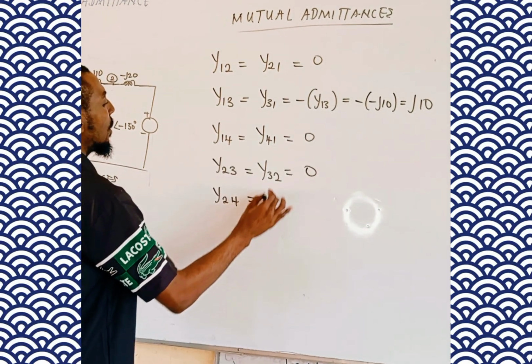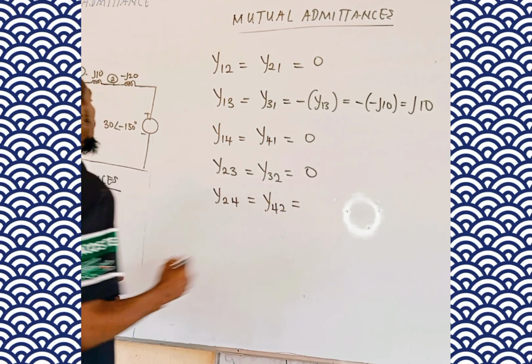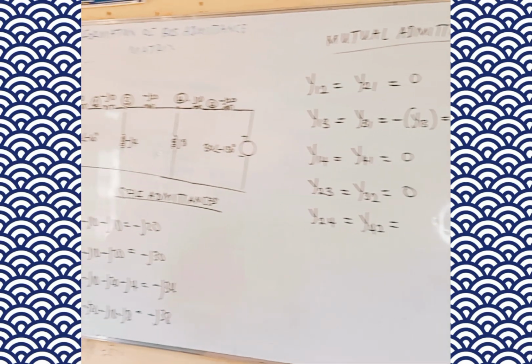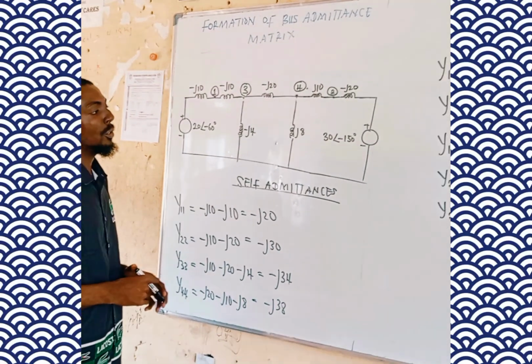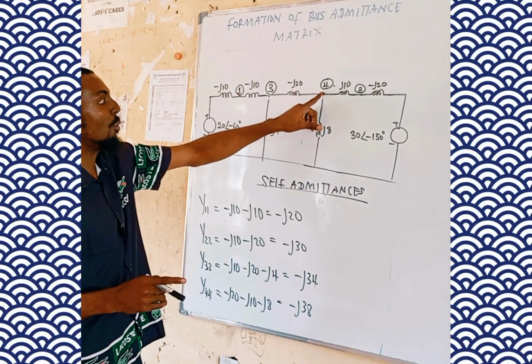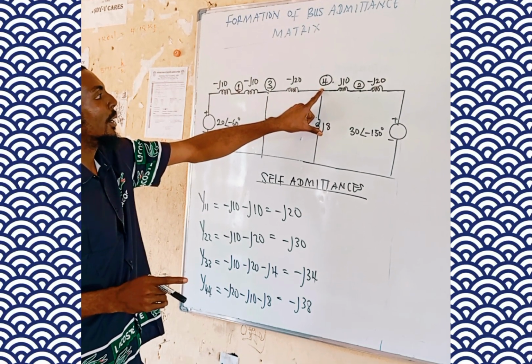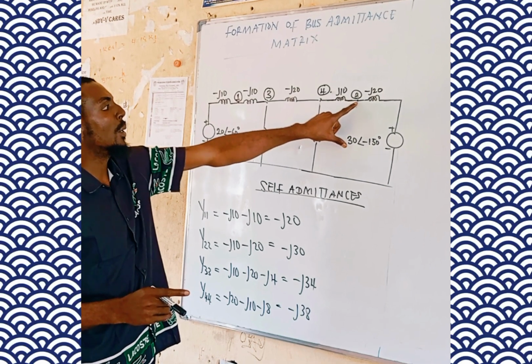y24 is equal to y42. But the question is, is bus 2 connected to bus 4? This is bus 2 and this is bus 4.